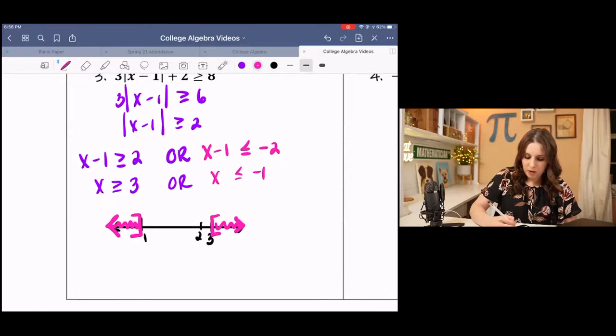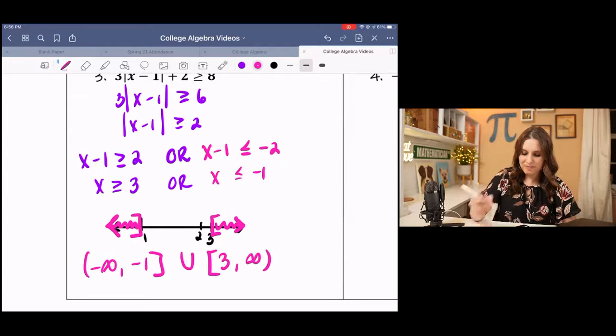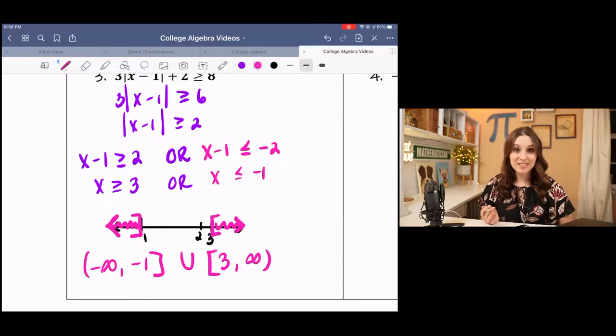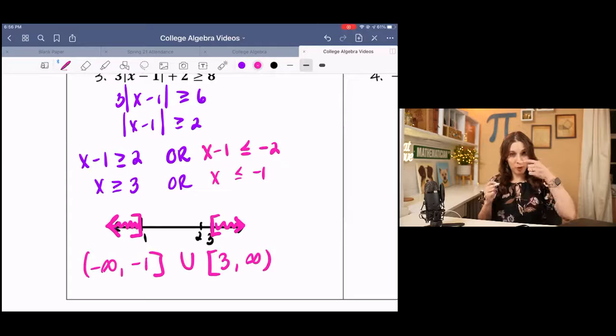And so now we can write that: -infinity to -1 bracket, union, bracket 3 to infinity. And that's it. You're done with that one.